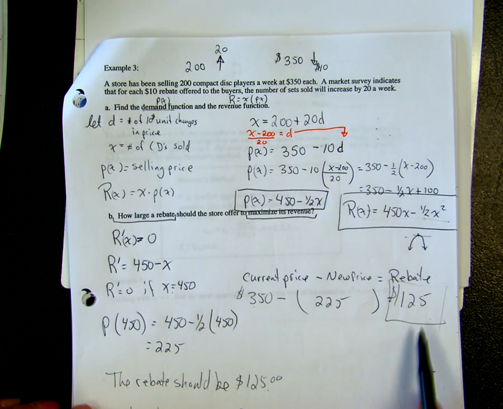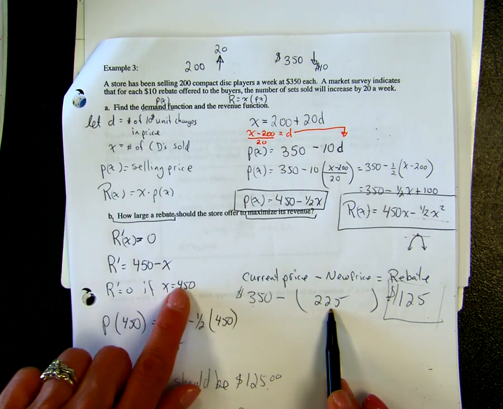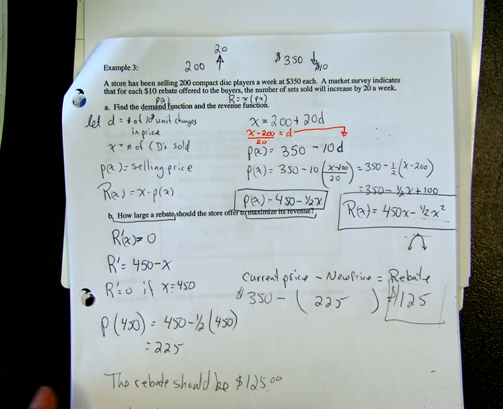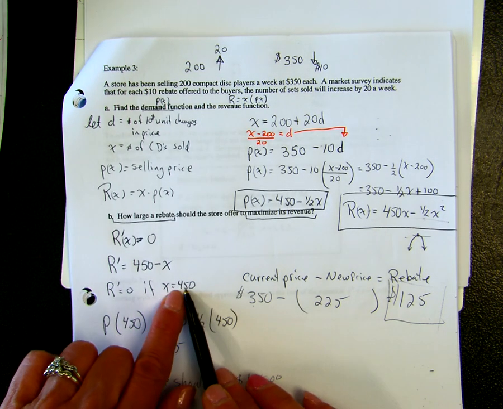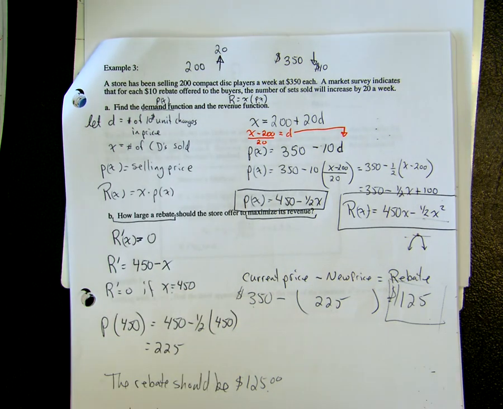You could just take the price that you're charging times the number sold. That'll give you your maximum revenue. But there's other ways to find it. You could also take your X and put it into your revenue function, find your maximum revenue. Okay, a couple of different ways to do it.